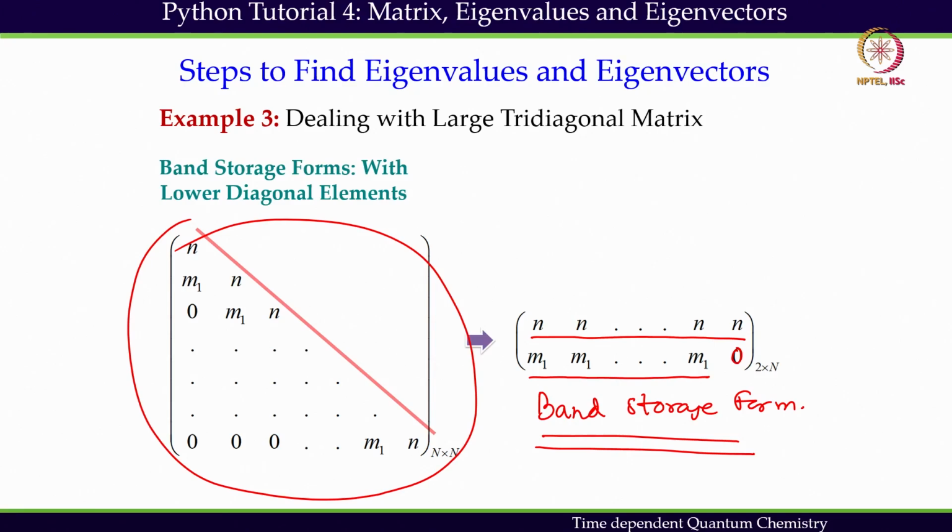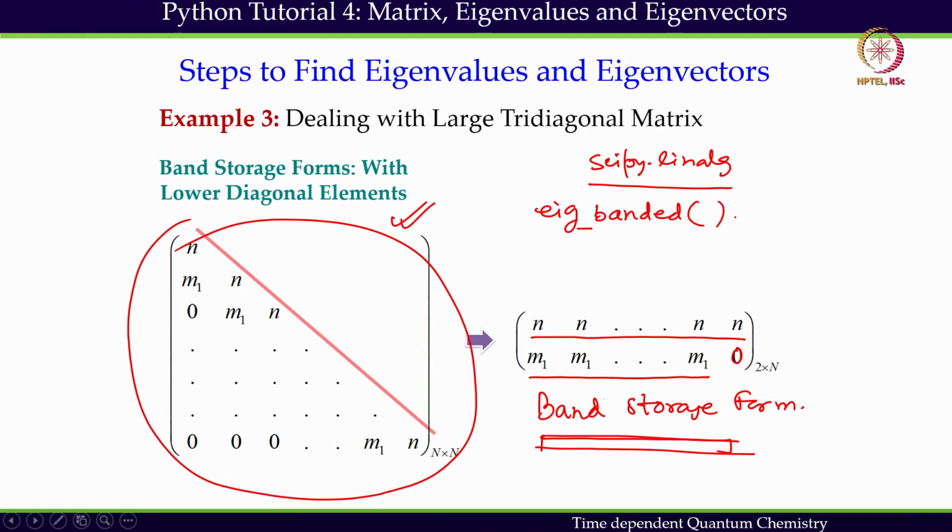And if we do that, then the SciPy linalg submodule gives me one very efficient functionality to calculate the eigenvectors and eigenvalues for this kind of matrix if it is stored in the band storage form. Instead of only eig, I have to now use eig underscore banded with brackets.